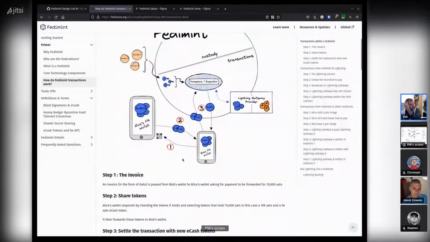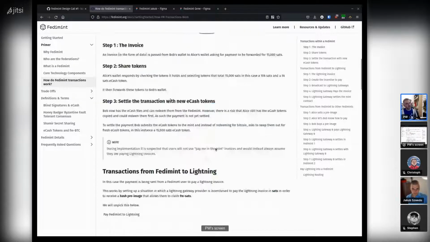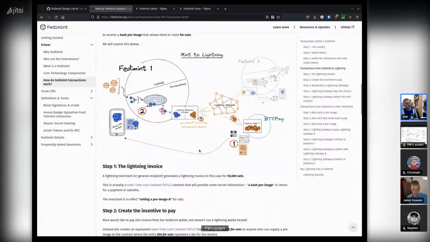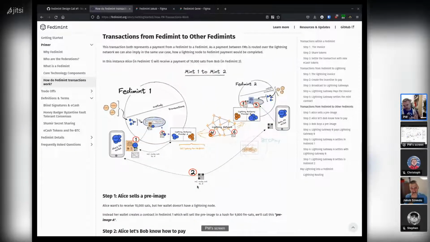I'm keen to animate some of these diagrams at some point, so we can actually show the flow of the invoice provided over here, the eCash moves and then gets swapped in the Fedimint. But it's all laid out in the text, so you can follow against those numbers, how it works with Lightning, and then how it works with another mint, which is an extension of the Lightning use case.